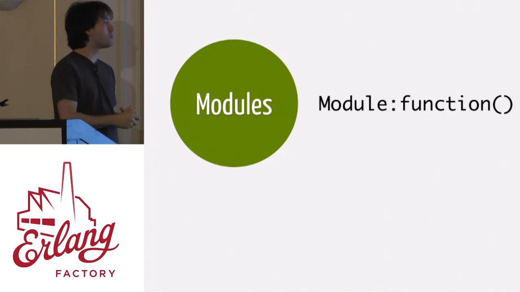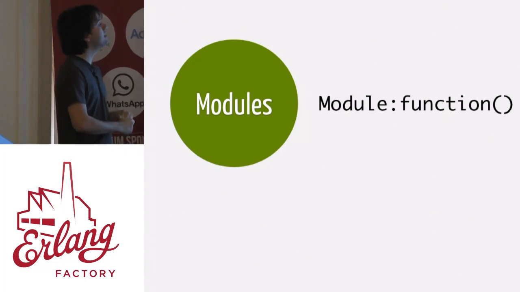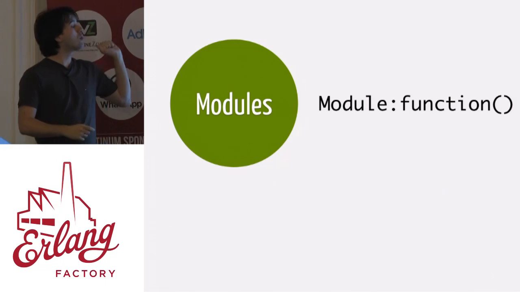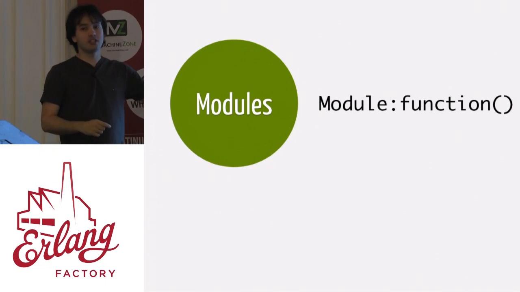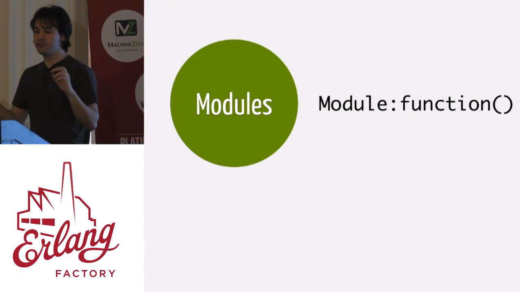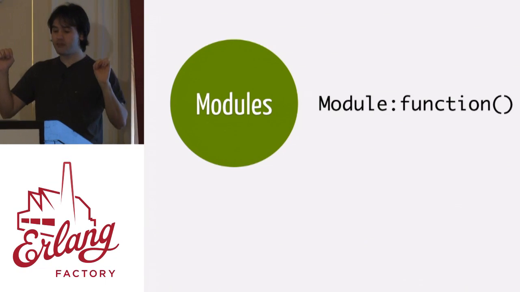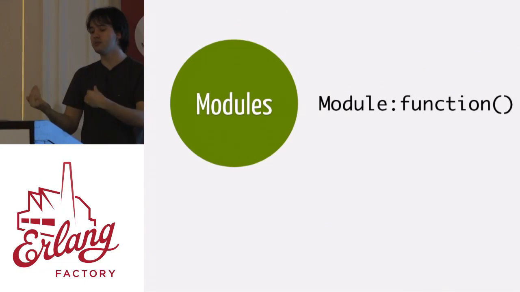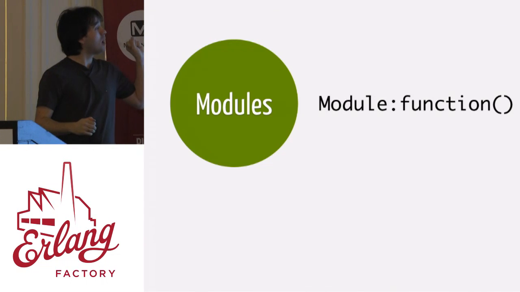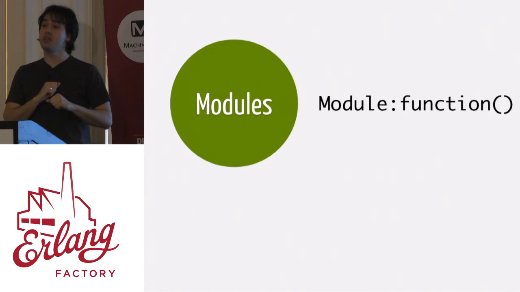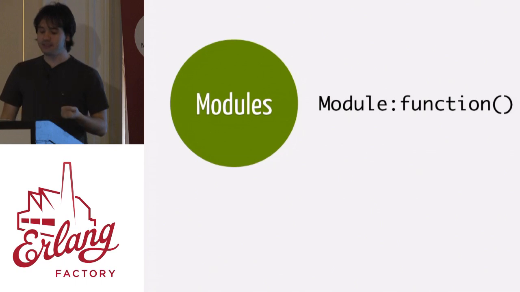We have the same thing for modules, right? So here is Erlang code where I'm saying I want to call a function in a module. And modules in Erlang and Elixir are first class because we can pass them as atoms, so we can pass them around. So I'm saying, I don't care which module you're giving to me as long as it implements this function.